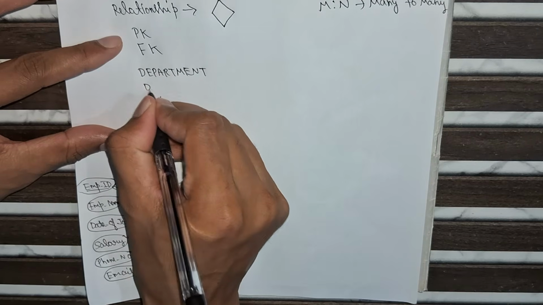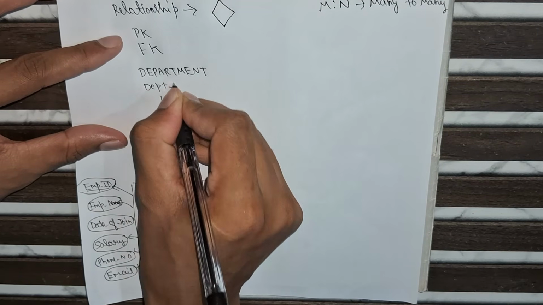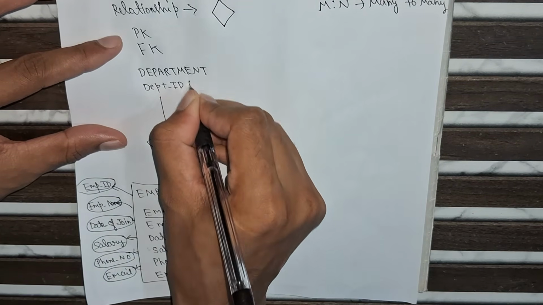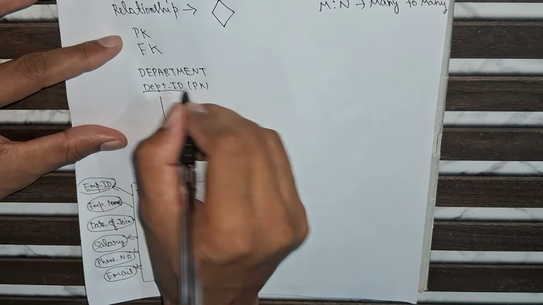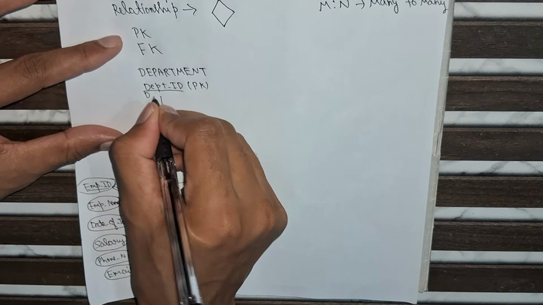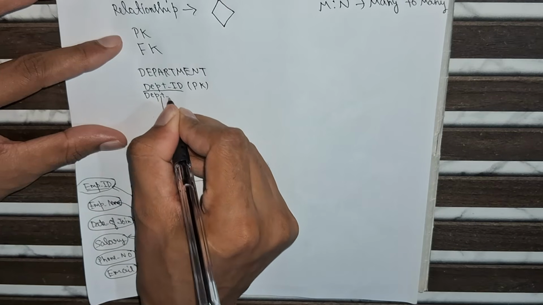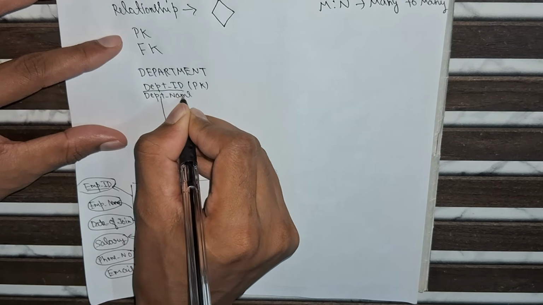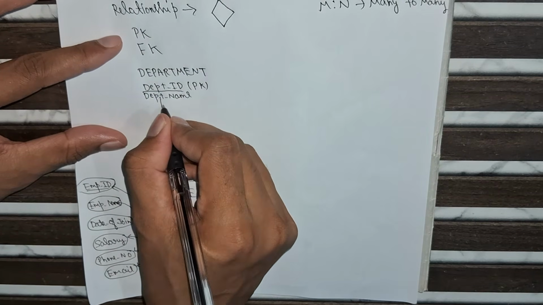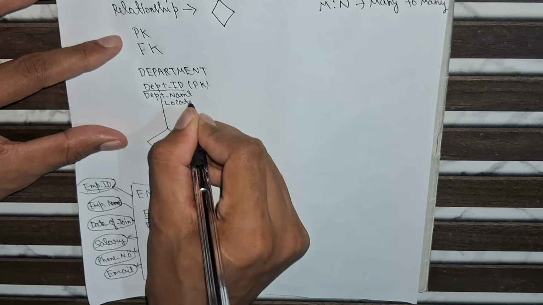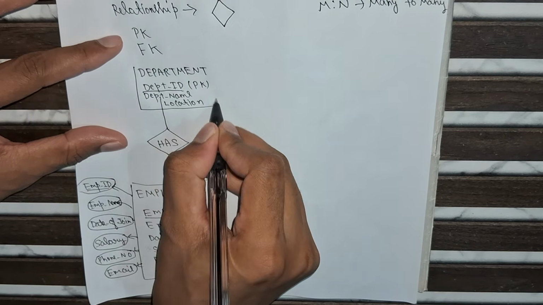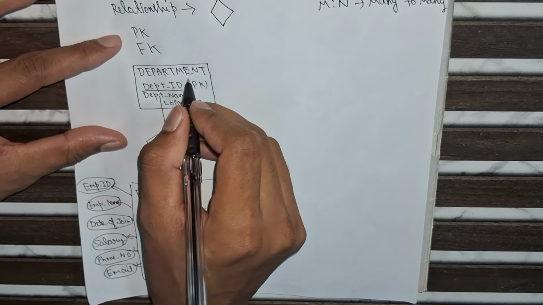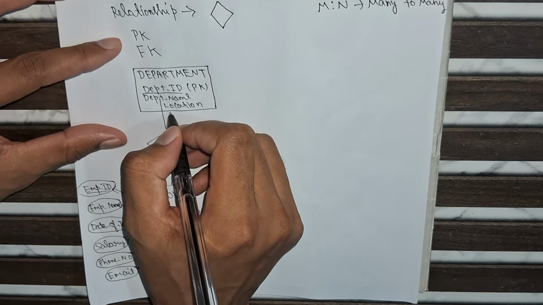We will write department ID. What is the department ID? This is the primary key, it is specific, it cannot be common to others. Then department name, then location. This is of rectangular shape, under that we write all these three attributes.